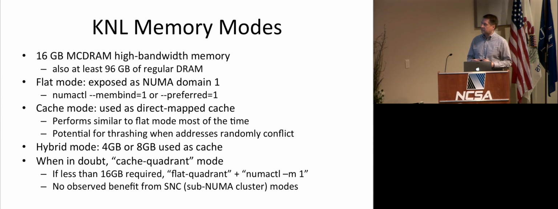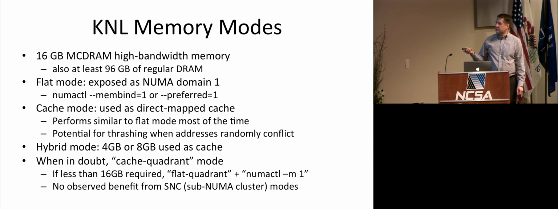KNL has a plethora of what are called memory modes. So one of the features I didn't mention before is it has this very high bandwidth memory, a factor of 10 faster than the normal DRAM. So if you have a memory bandwidth limited code, you run it on KNL, you magically get great performance. You don't have to do anything. It's all in the memory, as long as you use the memory correctly.